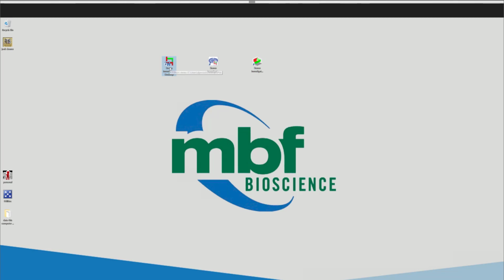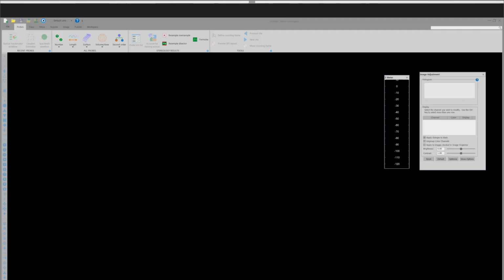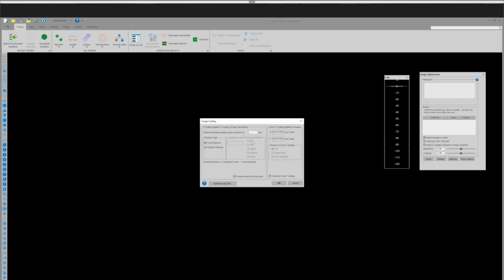I'm going to open Stereo Investigator Desktop and let's take a look at an MRI. Okay, I'm loading in the MRI image stack into one stack, and I put in the Z step; the X and Y scaling is here.